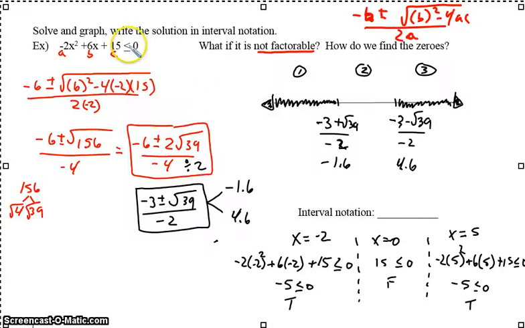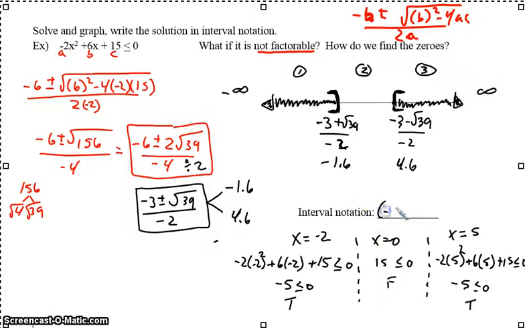And because our problem can be less than or equal to, we know we're going to put brackets, and the brackets will face this way. One will face that way, and one will face this way at those values. Now when I write my answer in interval notation, remember this is -infinity, and this is positive infinity.